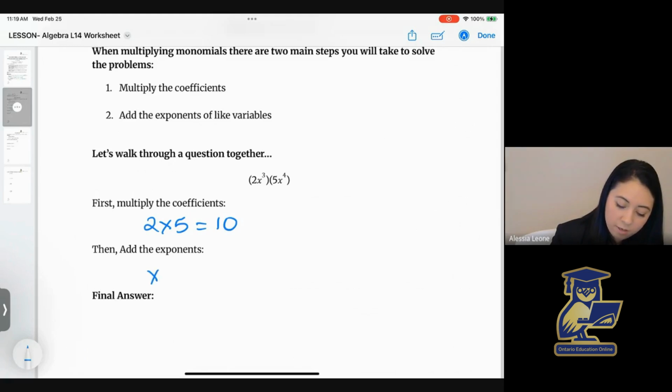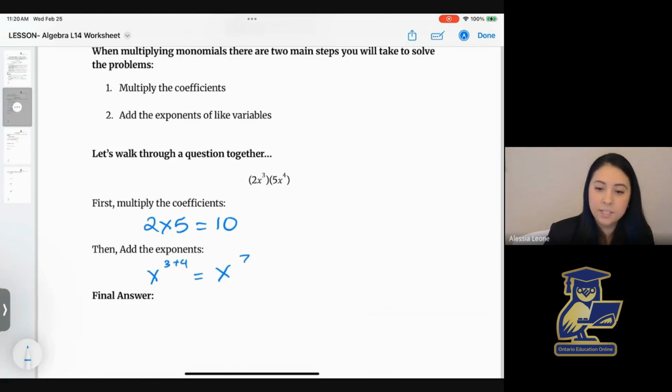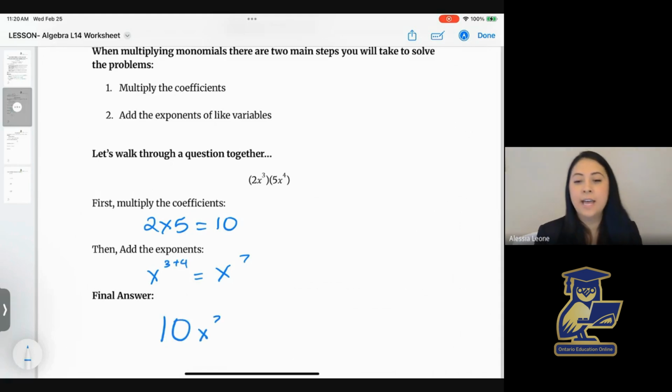Our exponents are 3 and 4. 3 plus 4, x to the power of 7. If we put that all together, our final answer is 10x to the power of 7. And that's it. We just multiplied two monomials.